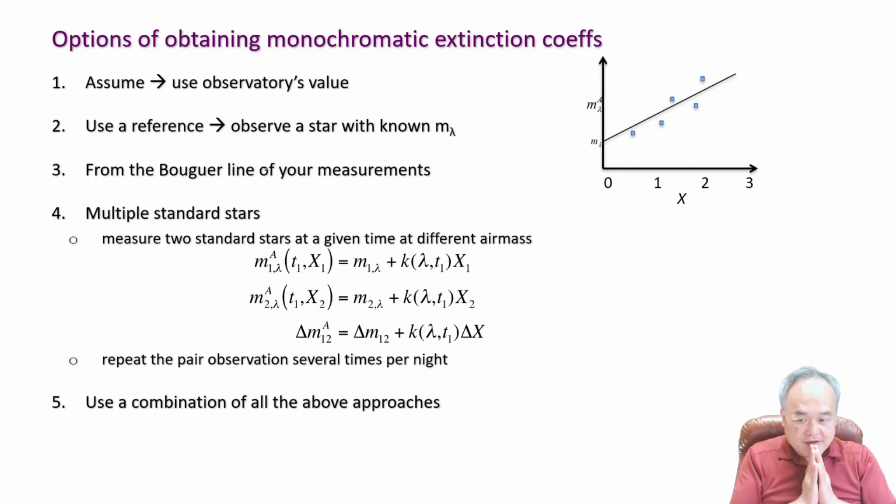There are multiple ways of obtaining this extinction coefficient at each passband. One is that each observatory publishes its so-called nominal extinction coefficient at each filter band.